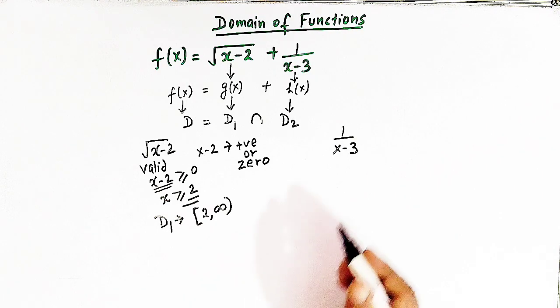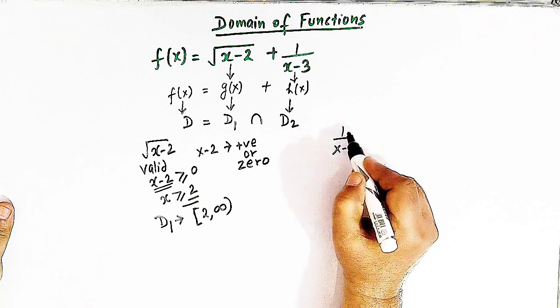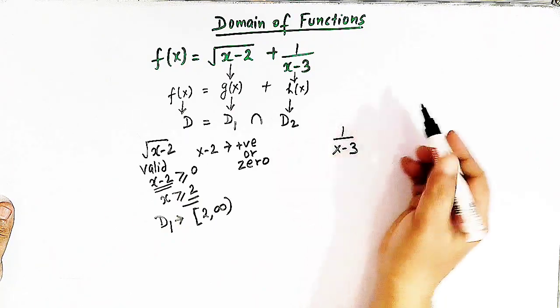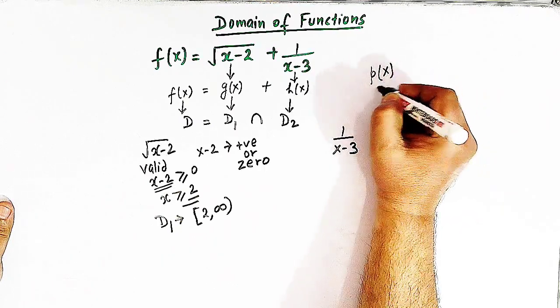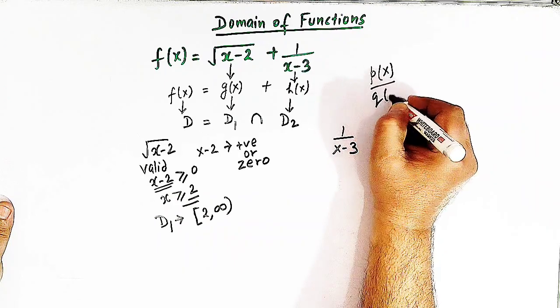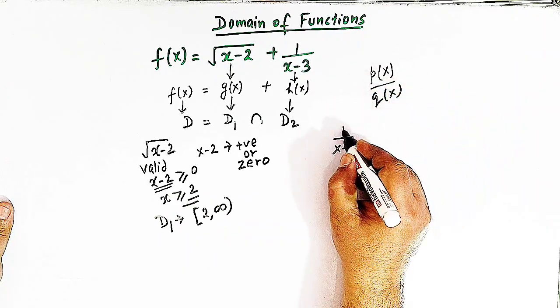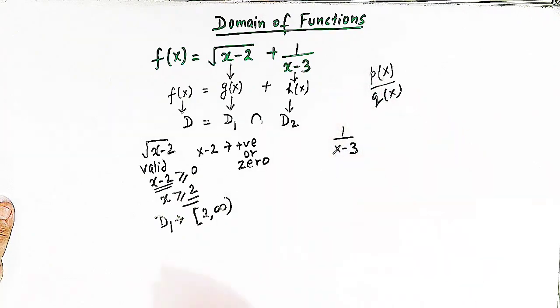Now let us take up this rational function 1 over x minus 3, and here we are calling this a rational function because a rational function is defined as the quotient of two polynomials, say p of x and q of x. So here 1 is p of x and x minus 3 is q of x, right?